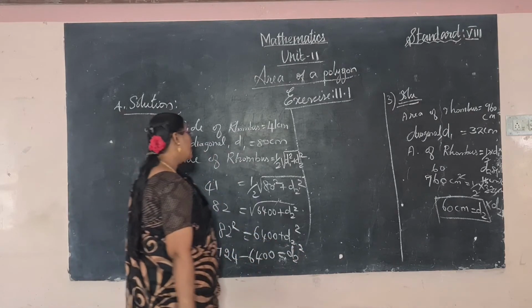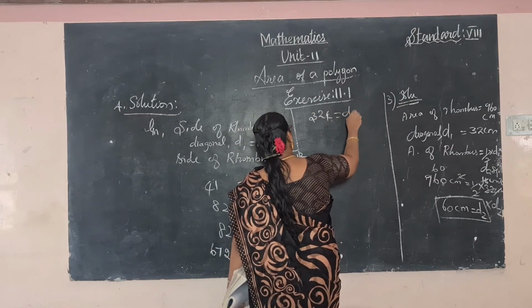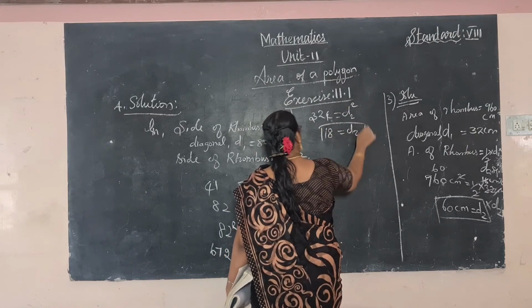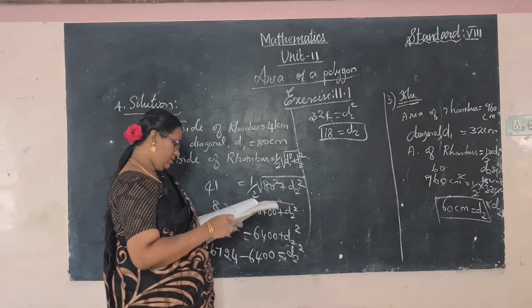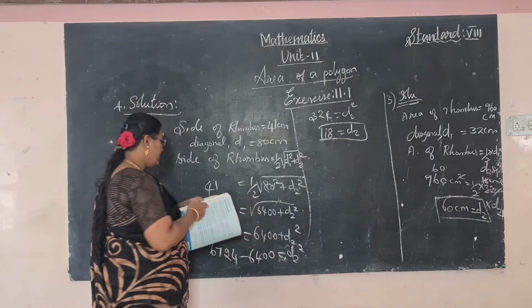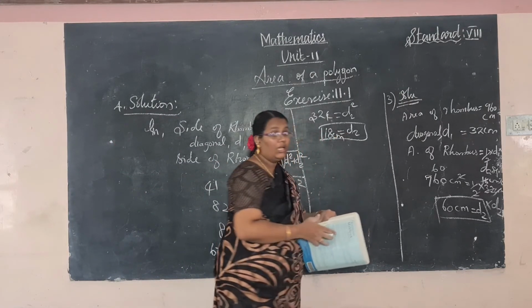So D2 is 18 centimeters, the other diagonal.